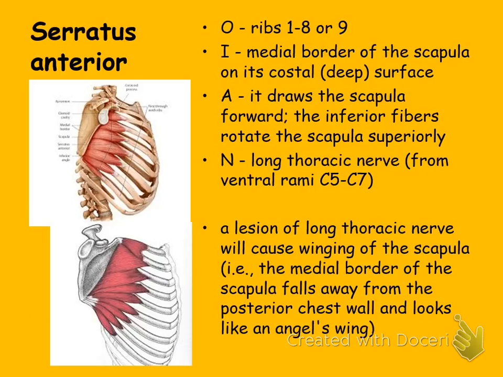Serratus anterior, or some books call it the serratus anticus. That's the old term. This is more towards the back of the body. It originates on the ribs 1 through 8 or 9 in some cases, and then it inserts on the medial border of the scapula on its costal surface, on the inside surface of the scapula.